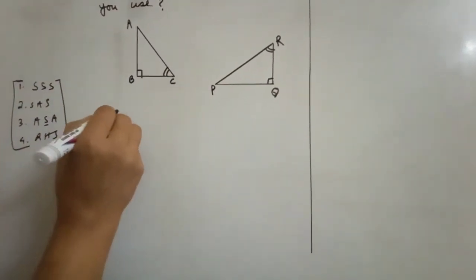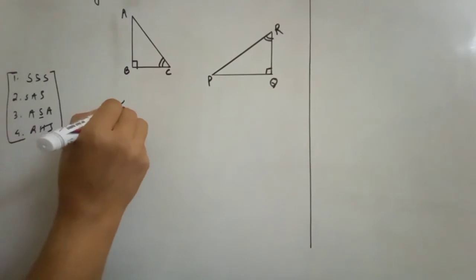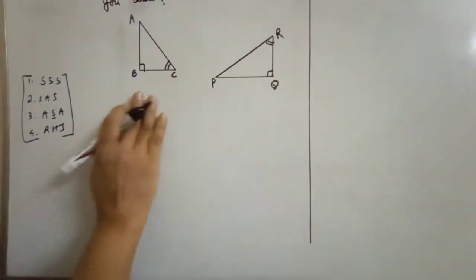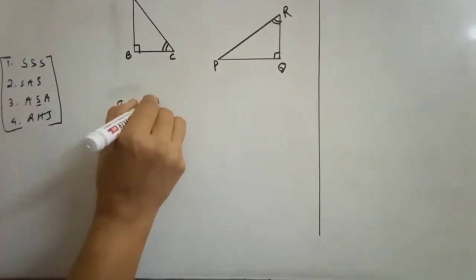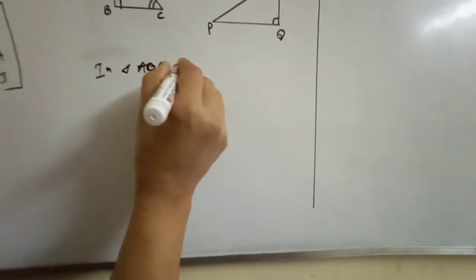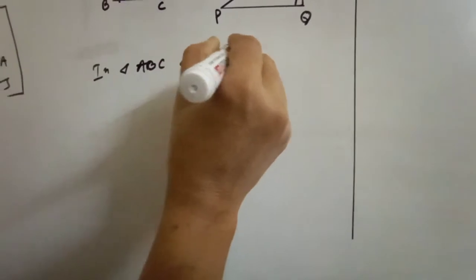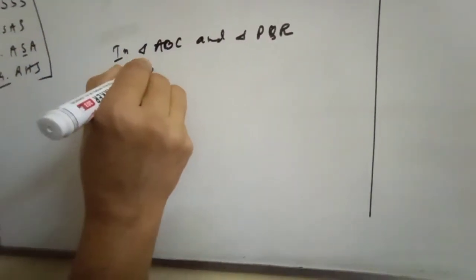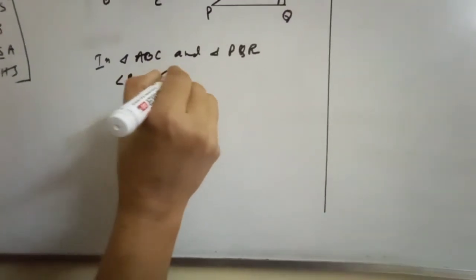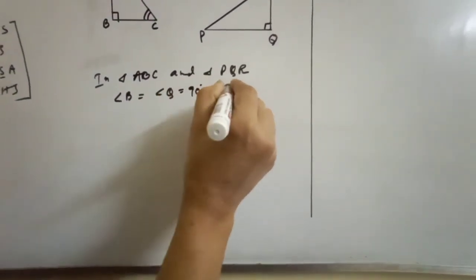So given, in triangle ABC and triangle PQR, angle B equal to angle Q, 90 degrees, is given.